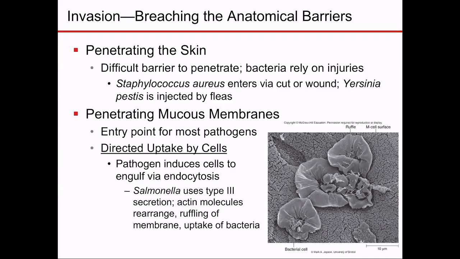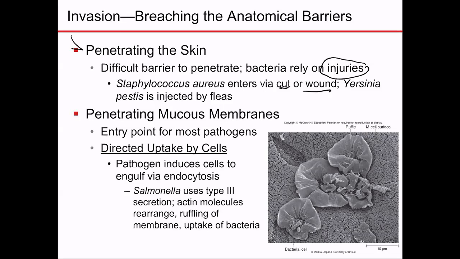For example, some bacteria don't have any particular tool to do that, and the only way that they can penetrate the skin is if there is any injury, any place in which the skin has been compromised, any cut, any wound that now allows that microorganism to enter into our body.